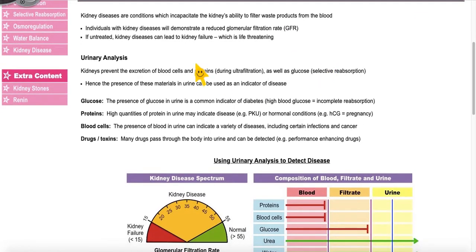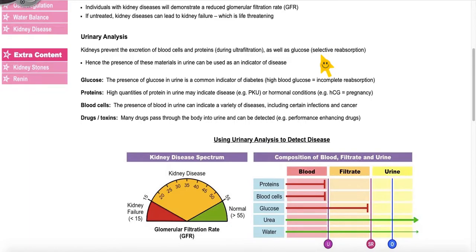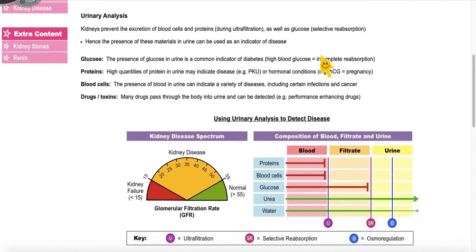If the kidney continues to be diseased and this is prolonged for a long period of time, many years, this can lead to kidney failure, which is life-threatening. So we're going to talk about the GFR number and what that means in just a moment.